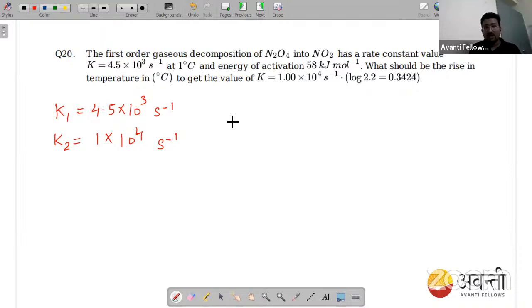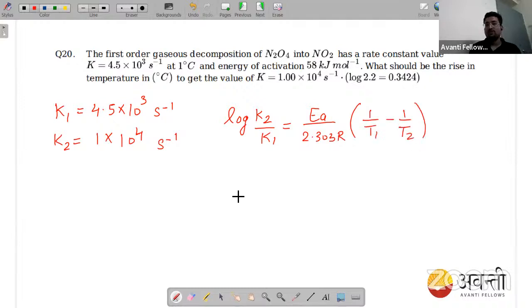The formula is log of K2 by K1 equal to EA by 2.303 R into (1 by T1 minus 1 by T2). That we all know. We have already discussed this formula. Now put all these values and get the value of T2.